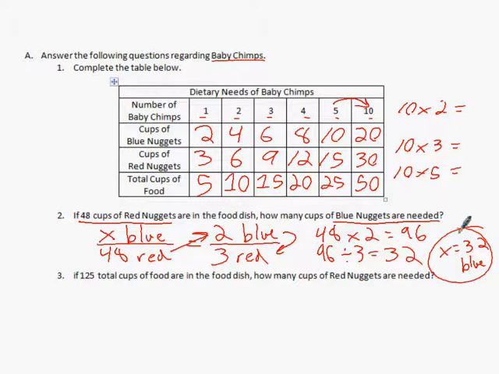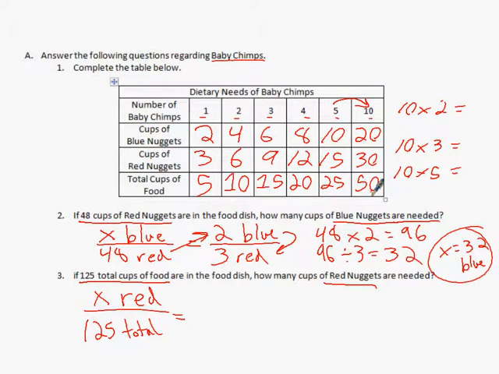If 125 total cups of food are in the food dish, how many cups of red nuggets are needed? Once again, we put the X with the red because that's how much we need to know. On the bottom we have 125 total. The other fraction we need to pull from red and total out of our table. Red is this row, total is this row. Any of these pairs of numbers is okay.